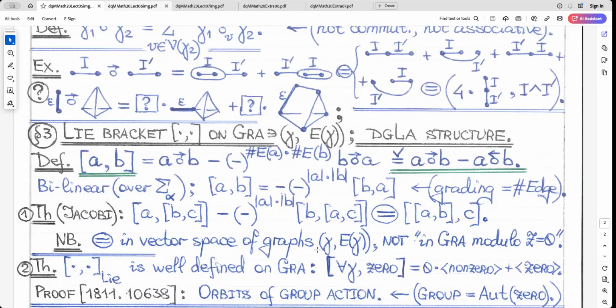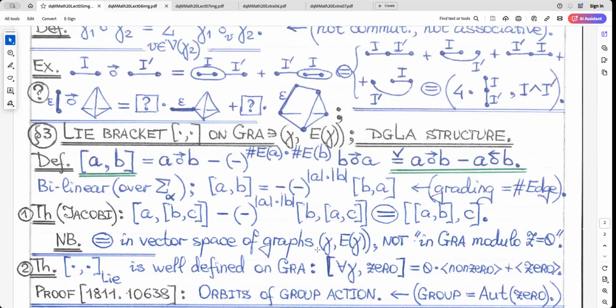My claim is that on the space of graphs, on the quotient space, modulo the linear equivalence relation we introduced 1 hour ago, the Lie super bracket is well defined. The Jacobi identity holds at the level of vector space, not modulo zero graphs, but it is really an equality. It really is some linear combination of graphs truly equals, at the level of vector space, another combination, not modulo zeros.